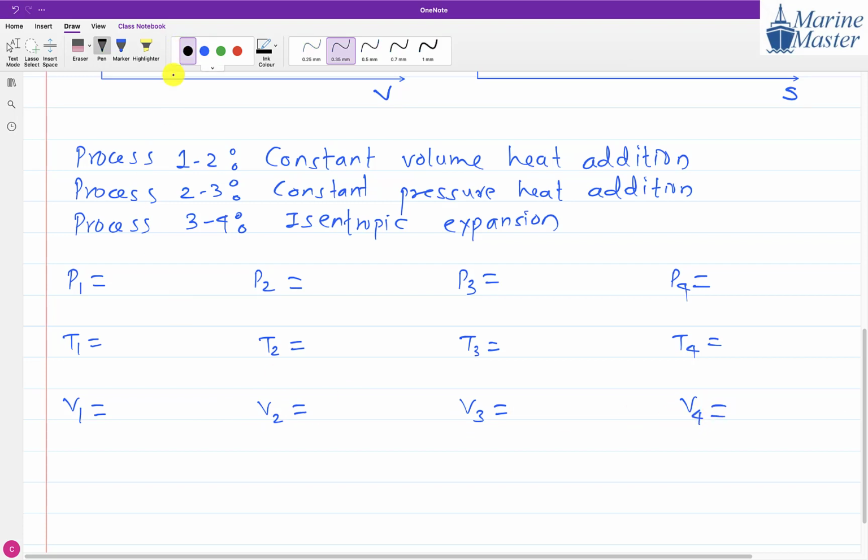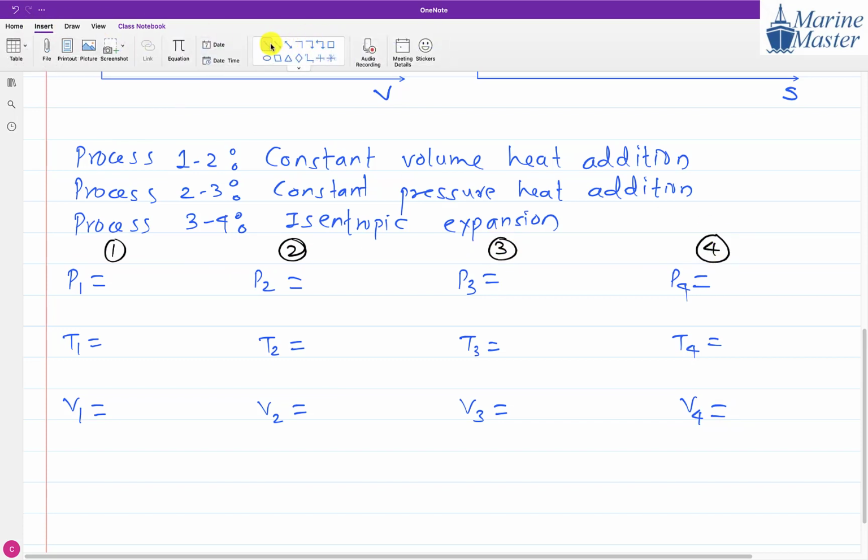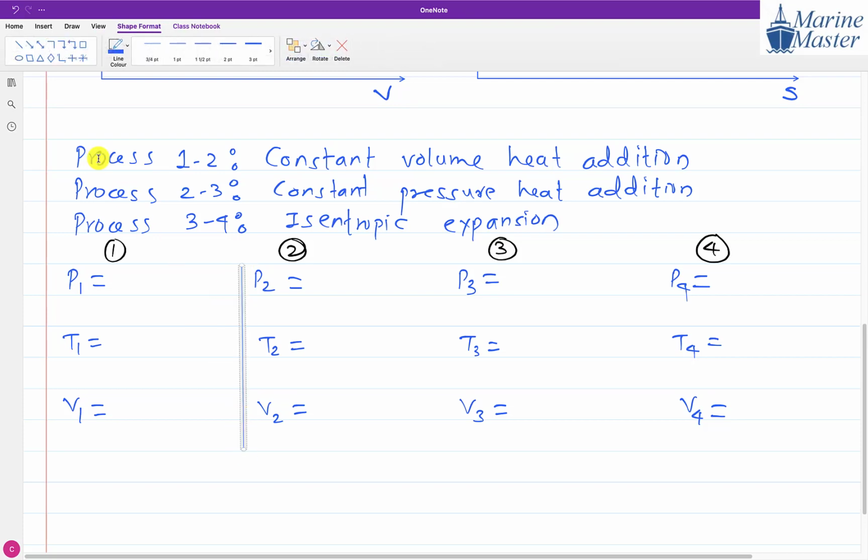In this way we have the 4 states: first, second, third and fourth. I will make a partition here so that things become easily visible.